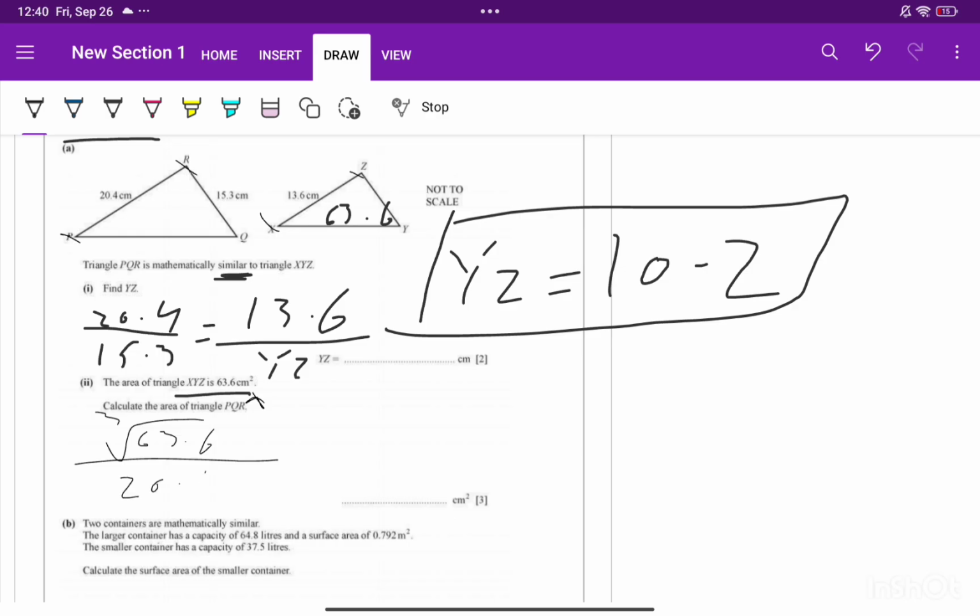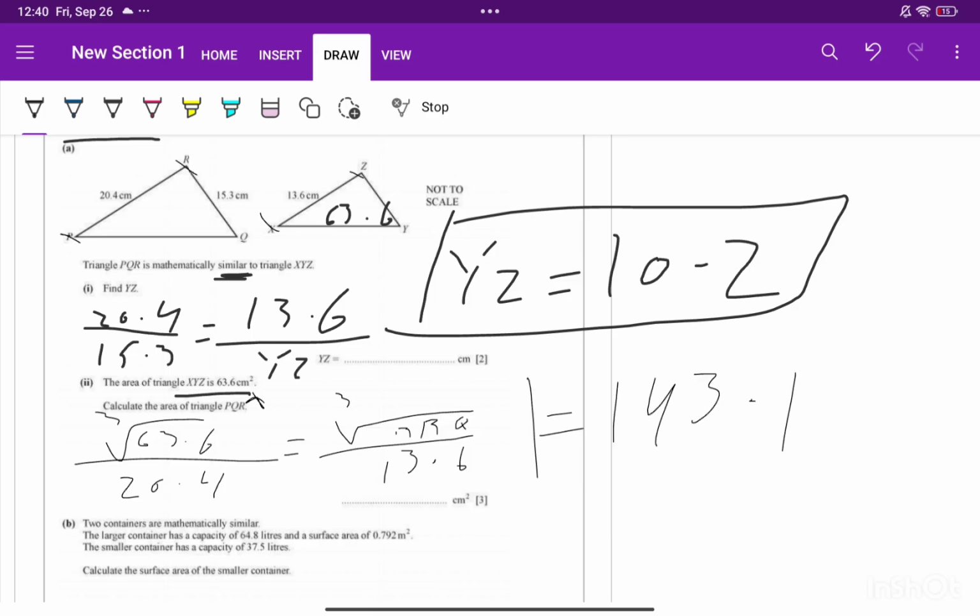So 20.4 cube root of the area, which we don't know, is PR cubed, and this will be 13.6. So we will do this in the calculator. Our answer will be 143.1. This is our answer.